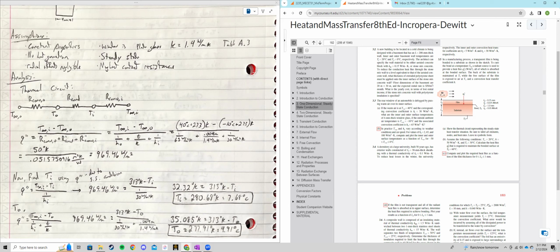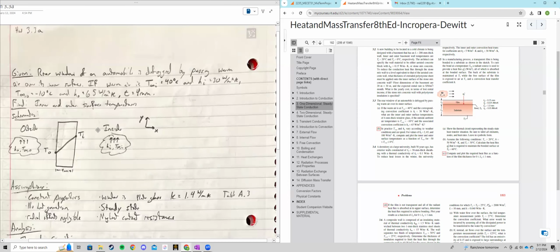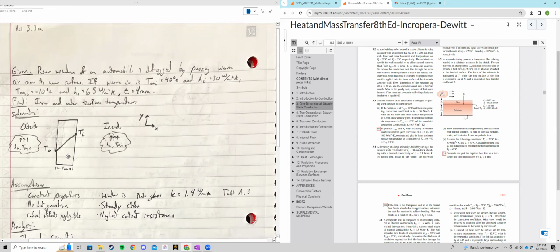And then following suit, we could do the same exact thing for the temperature of the outside layer of the glass. Here we can use, once again, the heat flux that we've found before. And for our temperature difference, now it is T infinity I minus T outside layer. With that, we will need to incorporate both the convection and the conduction as well. Those will be the two components of our circuit.